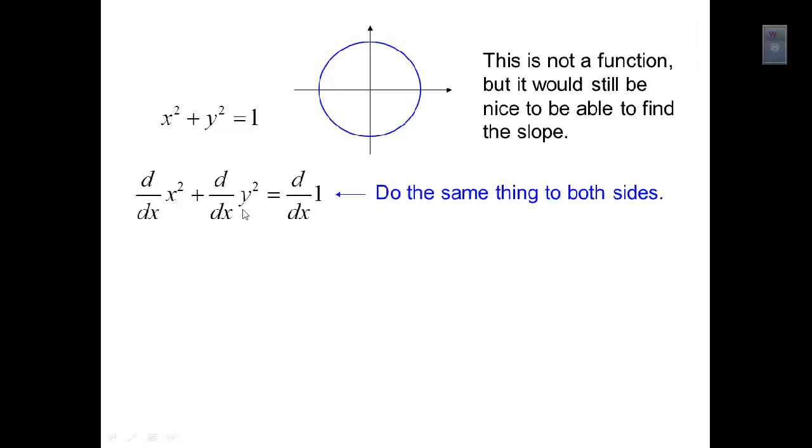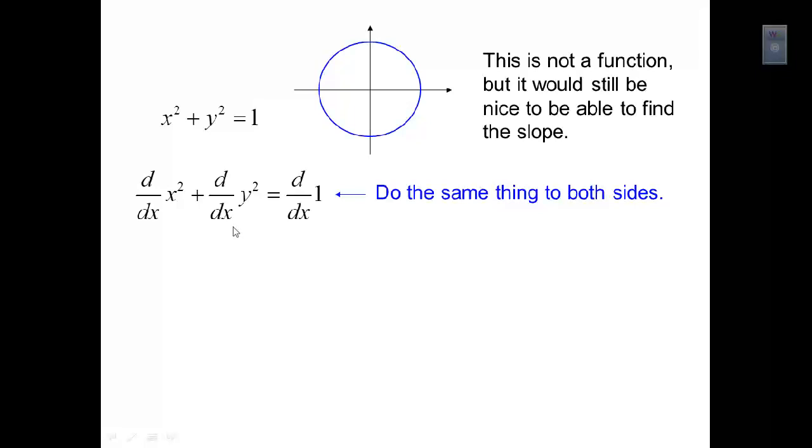What we can do, though, is use the chain rule and think of this as blob squared, and then multiply by the derivative of the blob after that. And we end up with y prime or dy/dx. I generally always put dy/dx because, well, you've seen my handwriting, and I could lose a prime real easy.